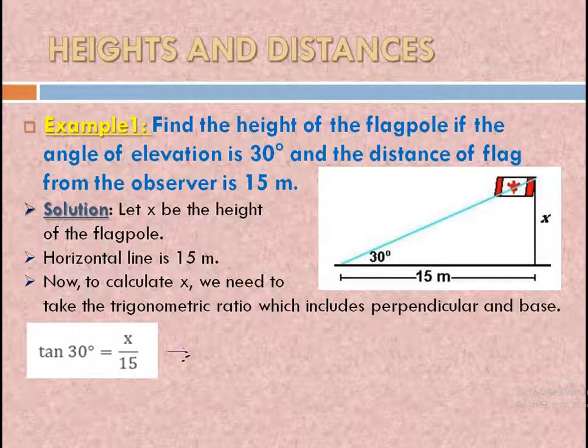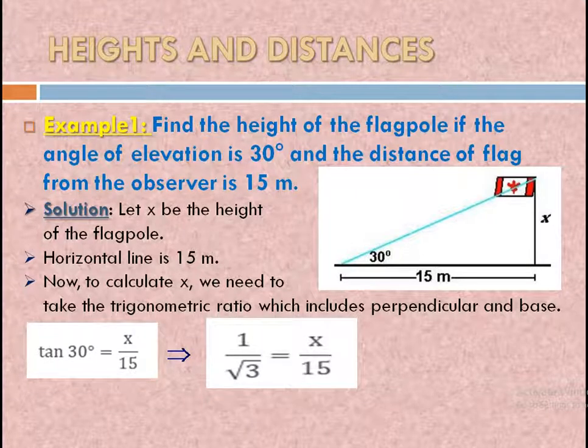Okay students, this implies 1 by root 3 is equal to x by 15. Here we put the value of tan 30 degrees, and we know that tan 30 degrees is equal to 1 by root 3.